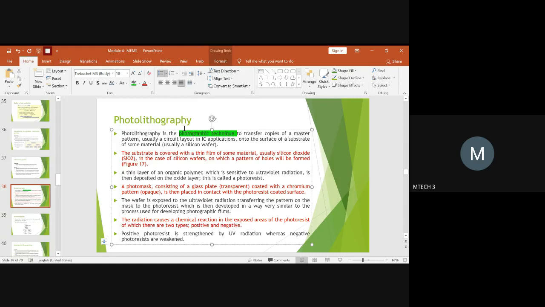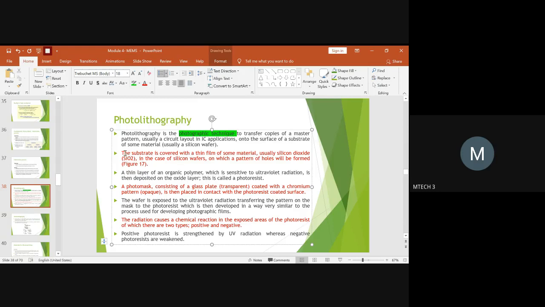You need a pattern, and that has to be applied on the thin film by some technique. This is nothing but photolithography, which will apply the pattern of a circuit layout on the thin film so that the circuit layout could be developed.